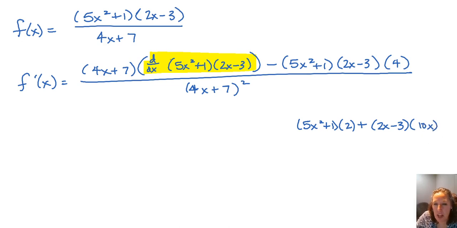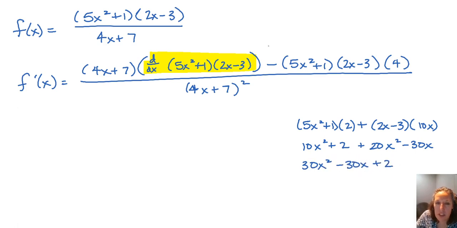I'm going to simplify this a little bit before I put it in there. Go ahead and distribute that 2, distribute that 10x. So we'll get 10x squared plus 2 plus 20x squared minus 30x. Combining like terms, we get 30x squared minus 30x plus 2.